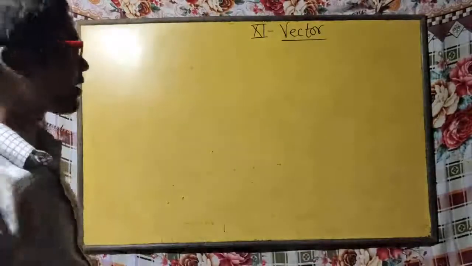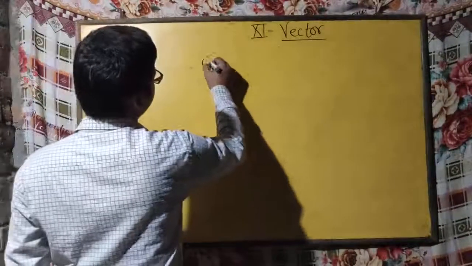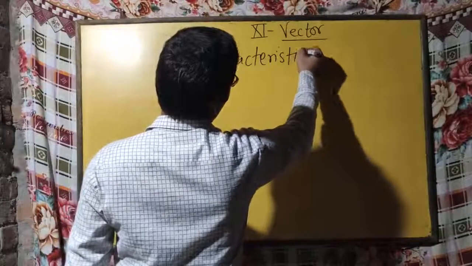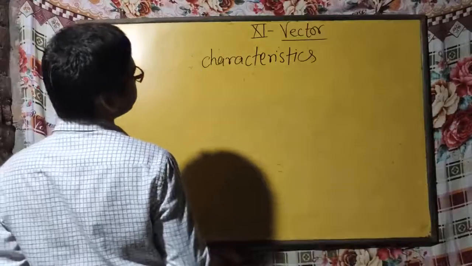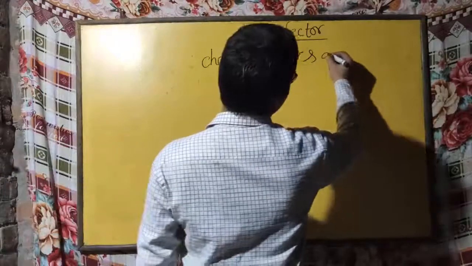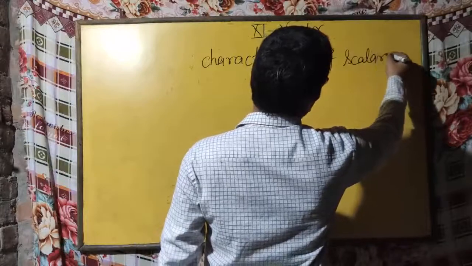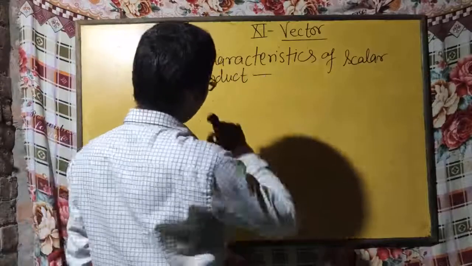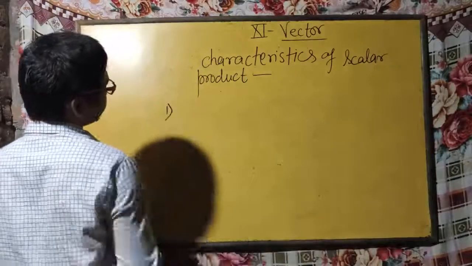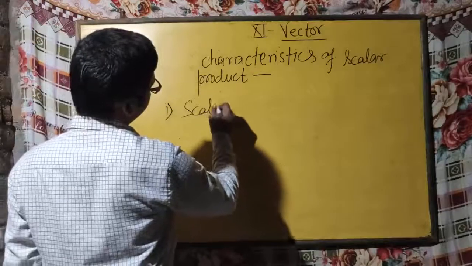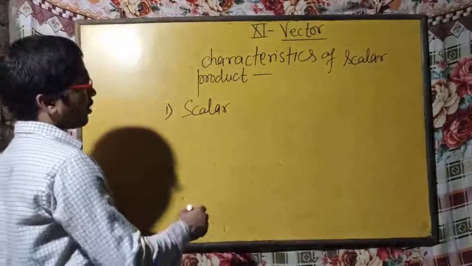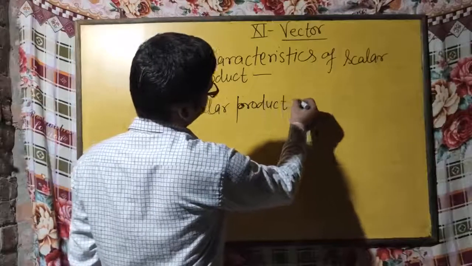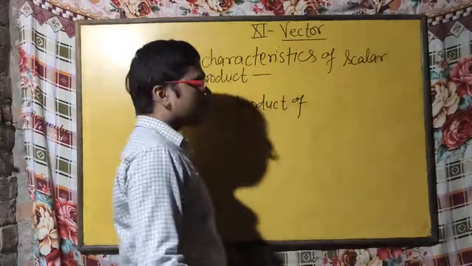So the most important characteristics. So first, scalar product of orthogonal unit vectors.